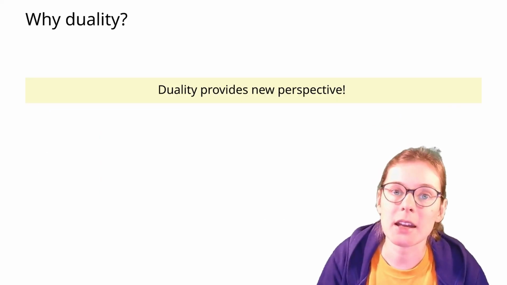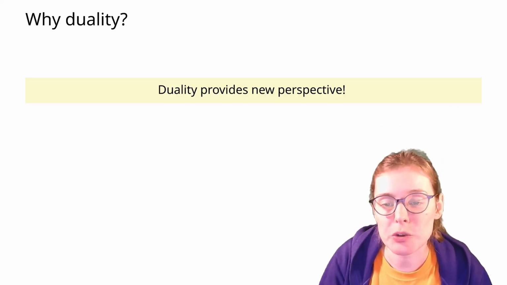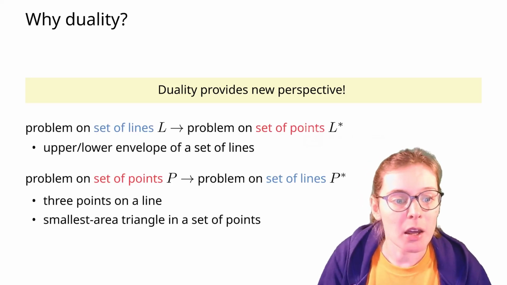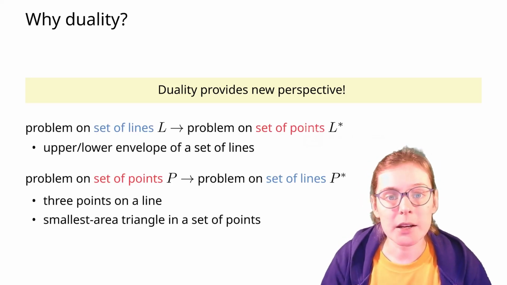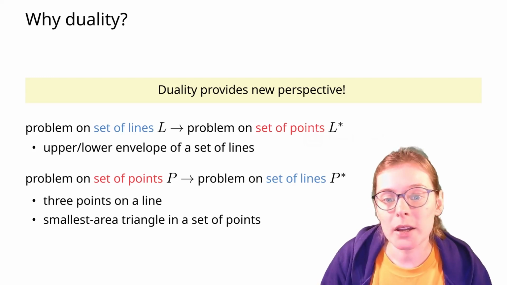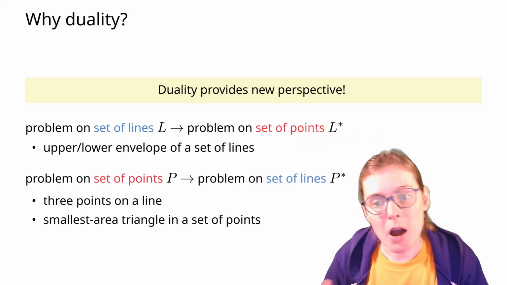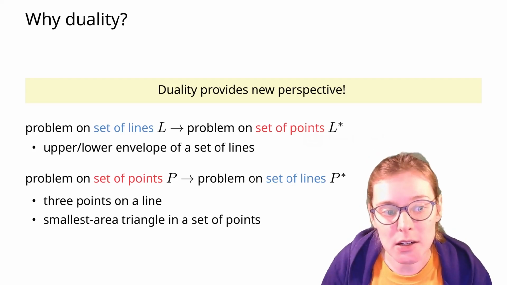Indeed, duality can provide us with a new perspective on how to solve a given problem. If we are given a problem on a set of lines L, we can convert this problem into a dual problem on a set of points L star.